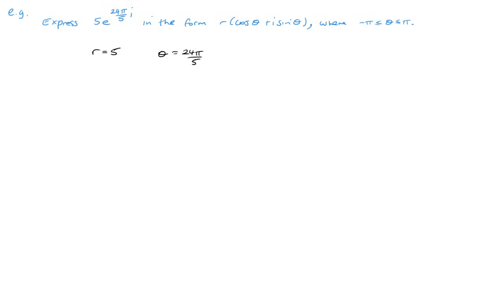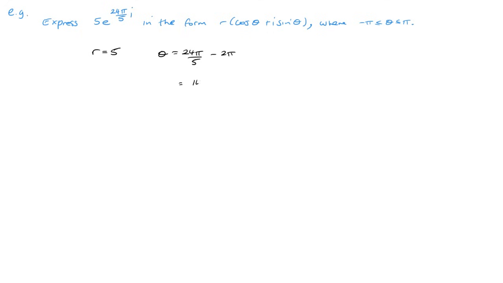Now this angle is not in the range between minus pi and pi, so what we must do is keep subtracting multiples of 2 pi until it appears in the range. Okay, so if I subtract 2 pi from this, I get 24 pi over 5 minus 2 pi.